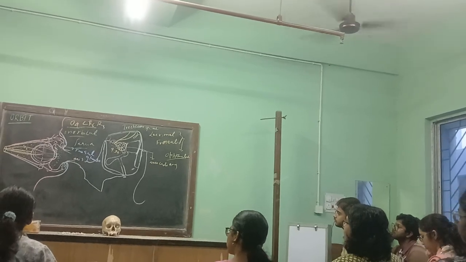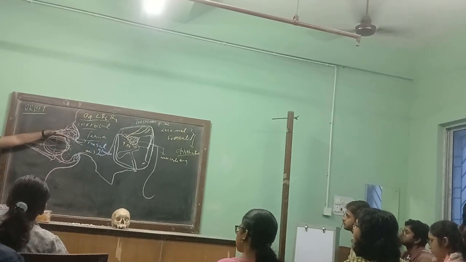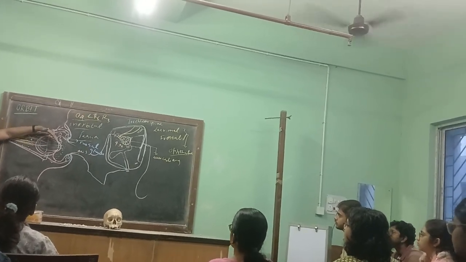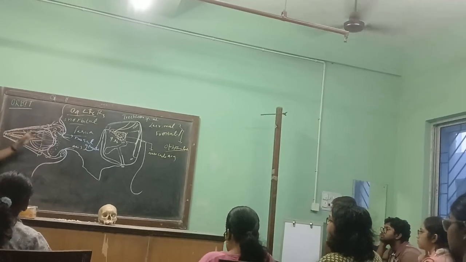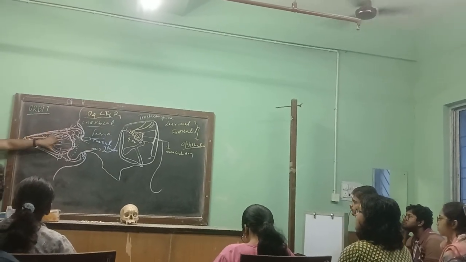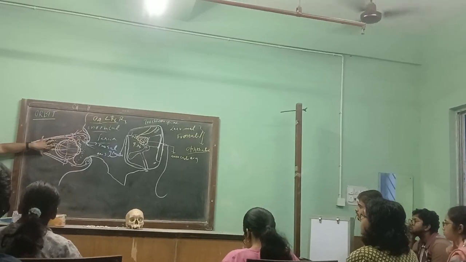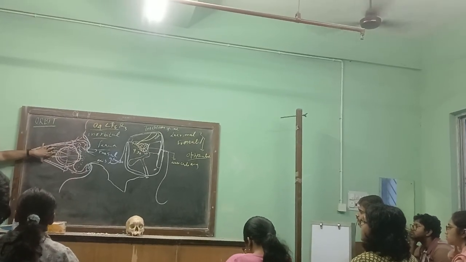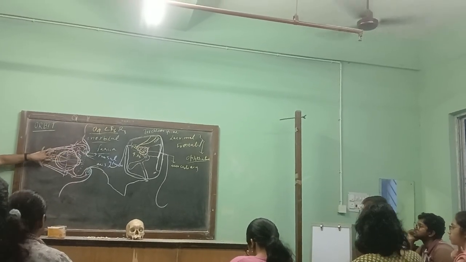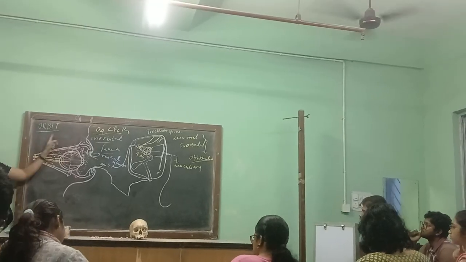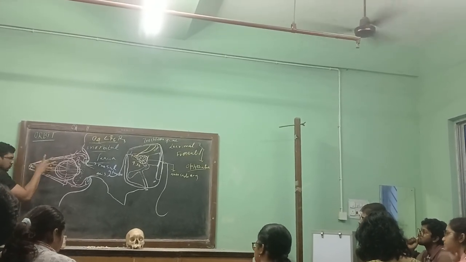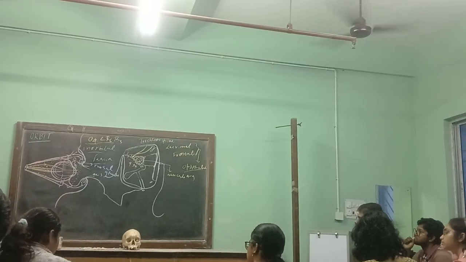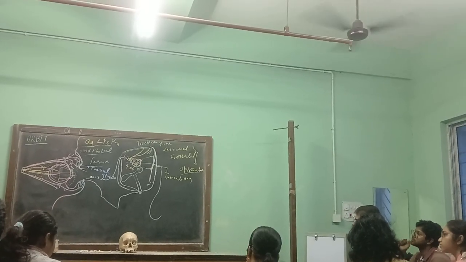For example, you are moving the eyeball with respect to the muscles. The muscle will be pulling the eyeball in this manner or in this manner, right? Whenever there is no fat, the eyeball will be brought back into the posterior aspect of the orbit. To prevent this backward dislocation, this fat is needed in the retrobulbar area. Do you understand? That means the fat provides a cushion to the eyeball and also prevents the posterior dislocation of the eyeball.